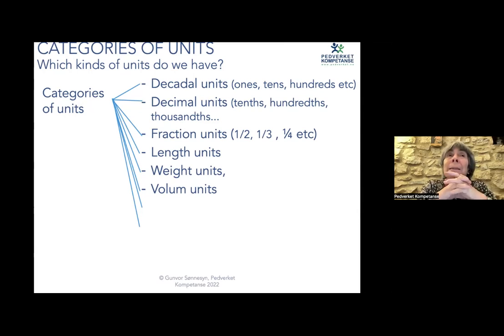So I can refer to actually a kind of a bad example in the Norwegian practice, because for the length units, traditionally we often don't speak about decimeter. We speak about meter and centimeter. So we speak about the centimeter as a unit and the meter as a unit.